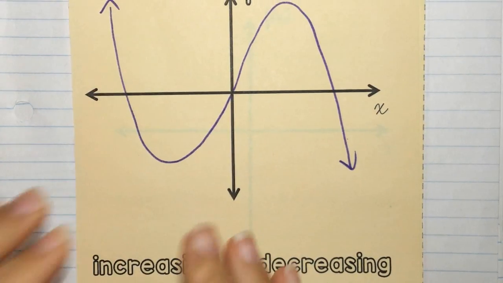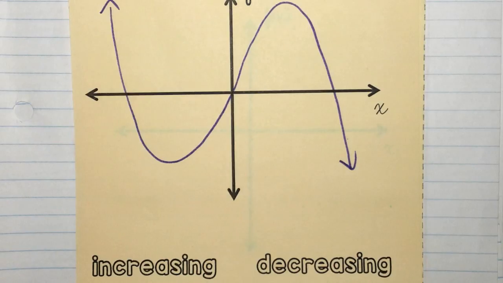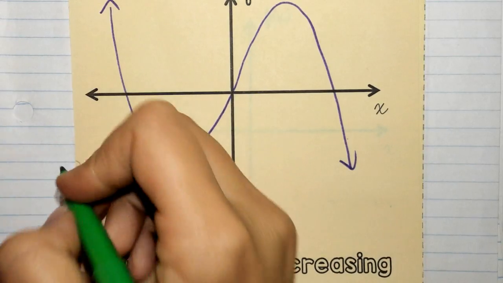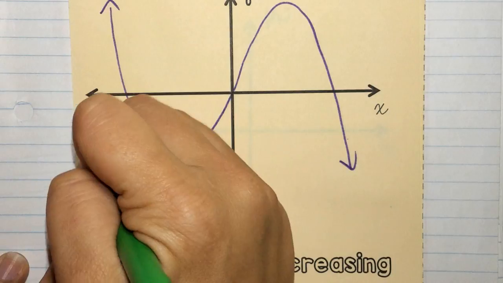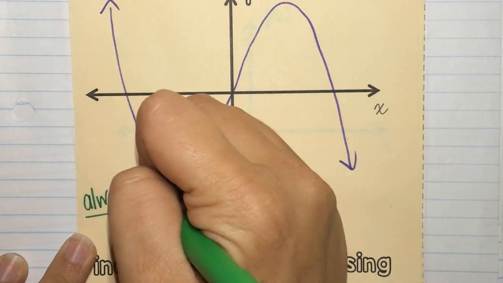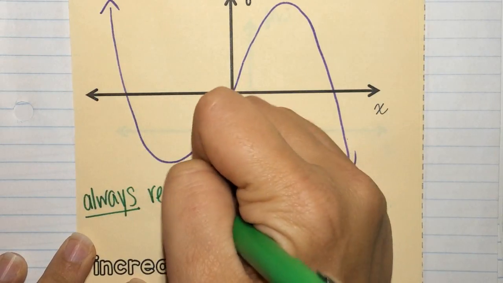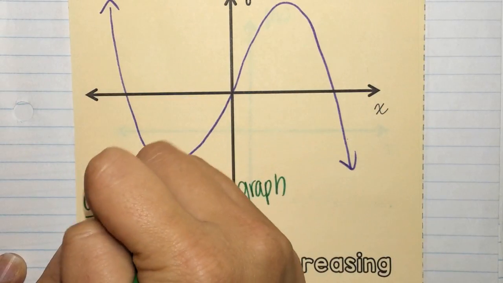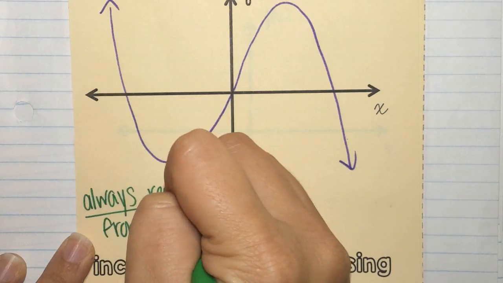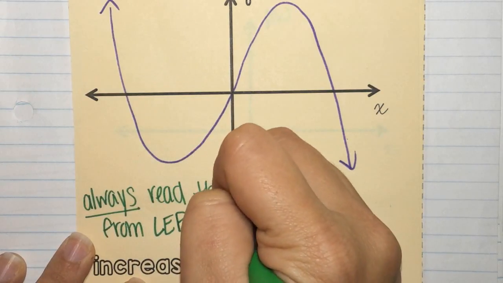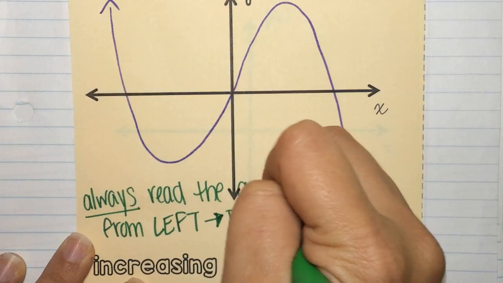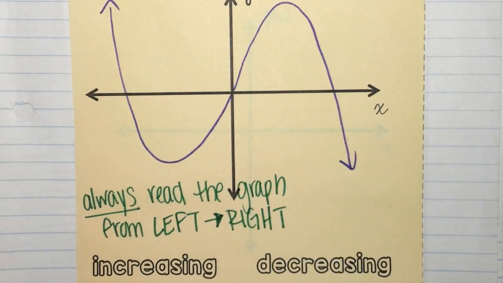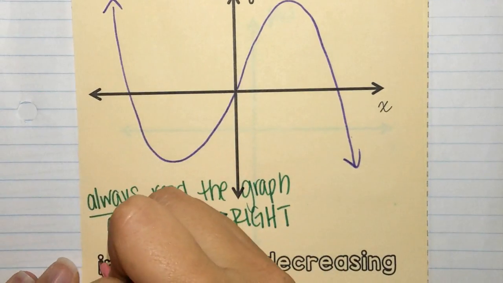So anytime you have a graph and you're trying to figure out slope, whether it's increasing or decreasing, or anything that happens, always, always, always read the graph from left to the right. Always read your graph from left to right. So we're going to do increasing in pink this time.